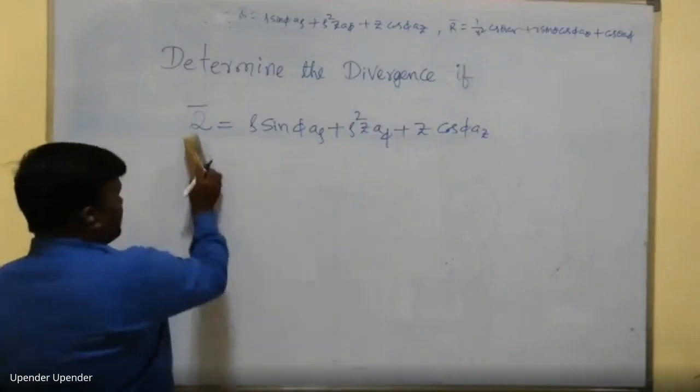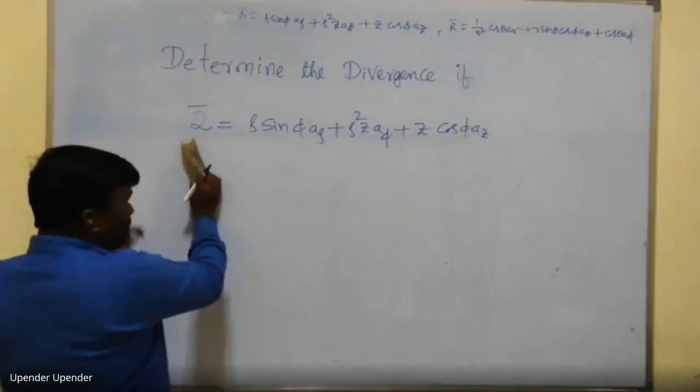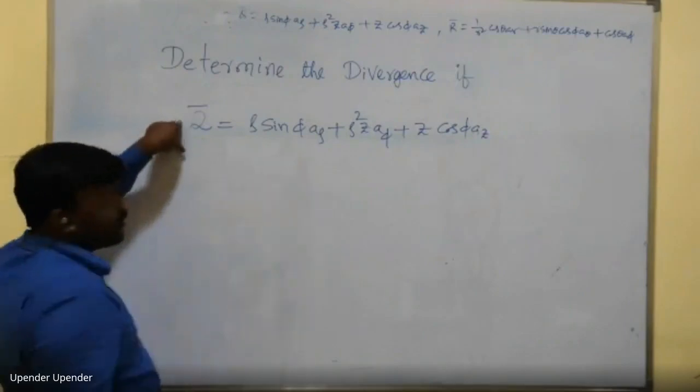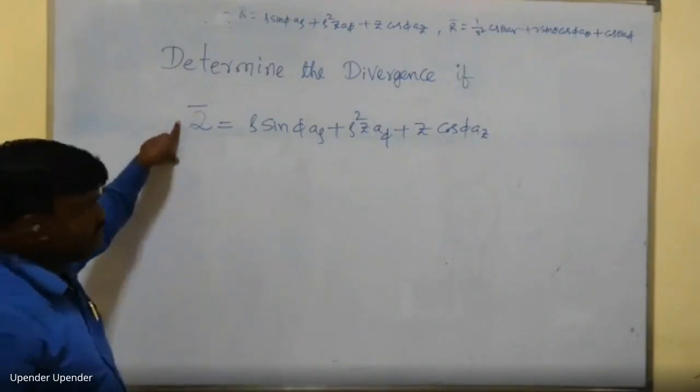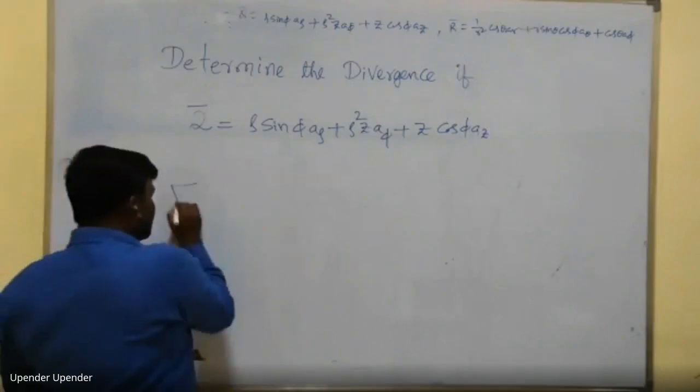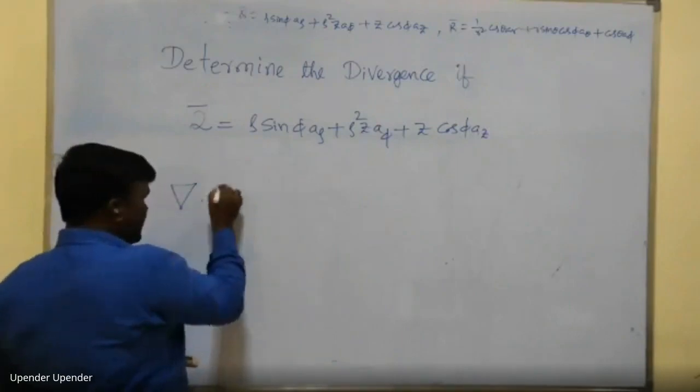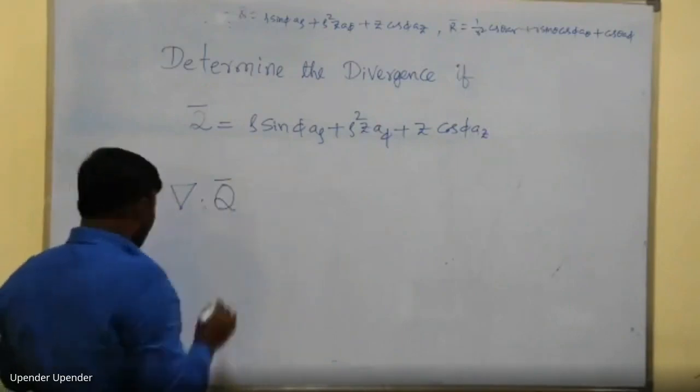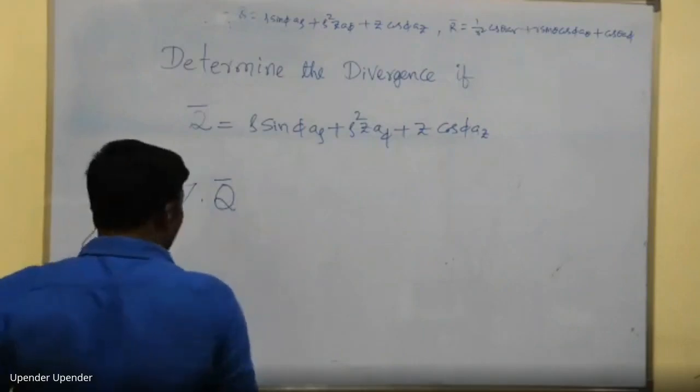It is clearly shown that q is a function of rho, phi, z, which means we need to write the divergence formula in cylindrical coordinates. We already derived the divergence formula in the cylindrical coordinate system.